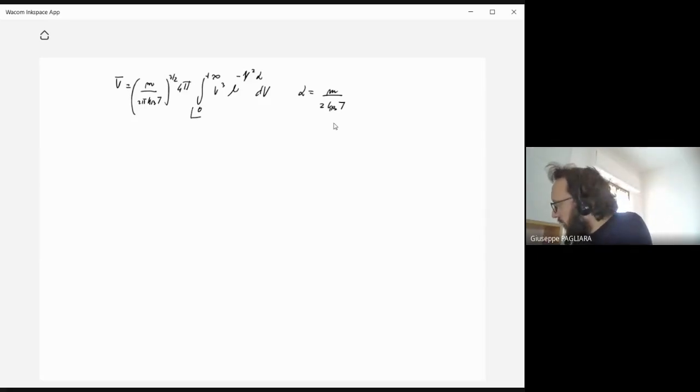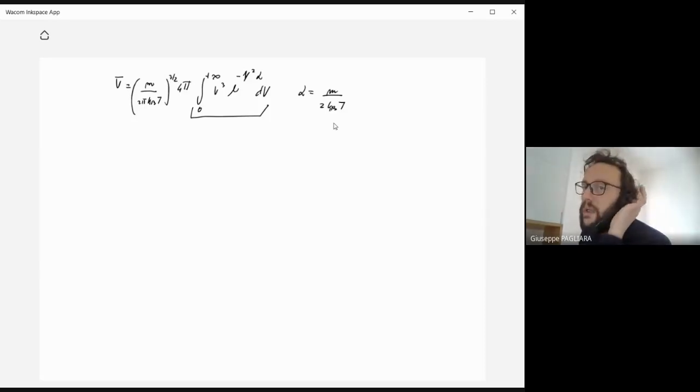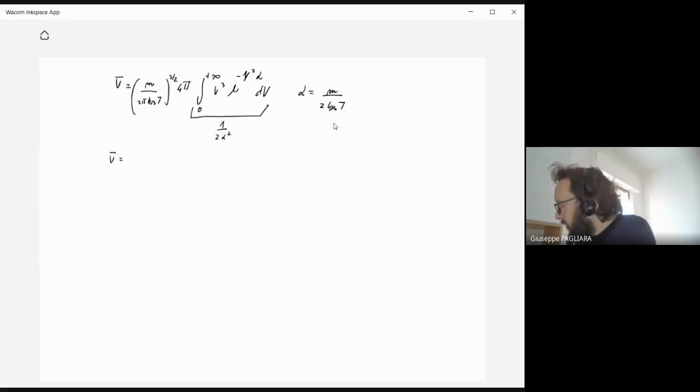Now this integral can be done. Of course, I'm not going to do it. It's boring, and you can do it by parts or with Mathematica. And this is equal to 1 over 2 alpha squared. Therefore, the average velocity will be m divided by 2 pi kBT to the power of 3/2. And I have a 4 pi.